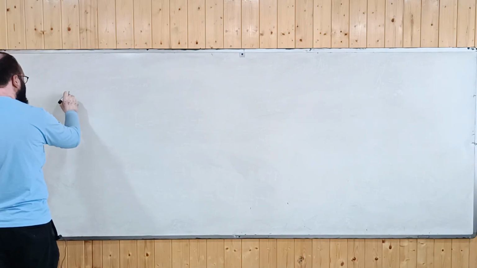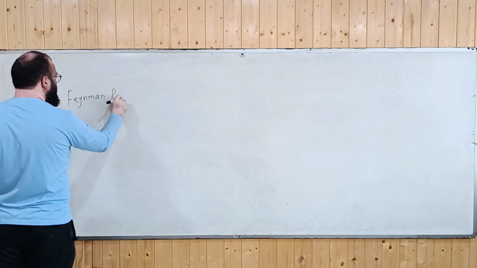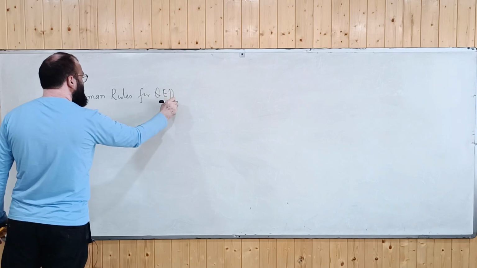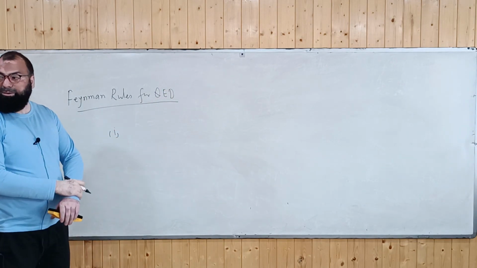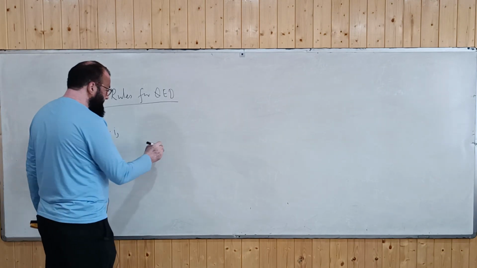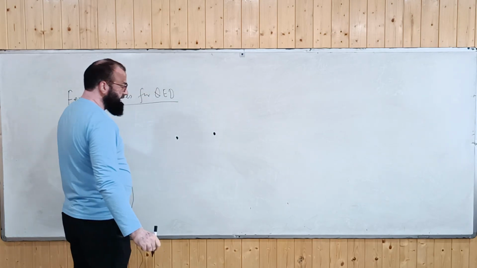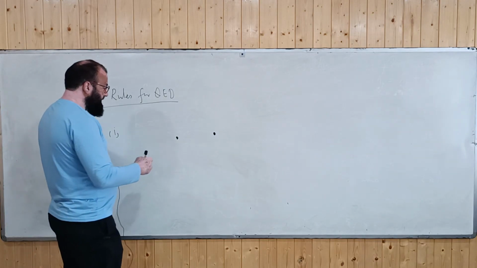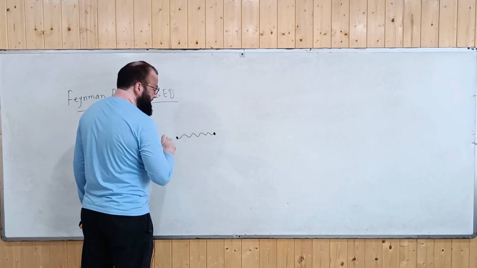So let's take the Feynman rules for QED. The first thing is, if you are having a photon propagator in a given diagram, so this is one vertex, since the propagator is a line between two vertices, an internal line between two vertices. We show that by a wavy line.